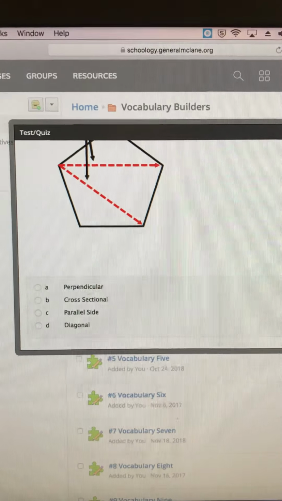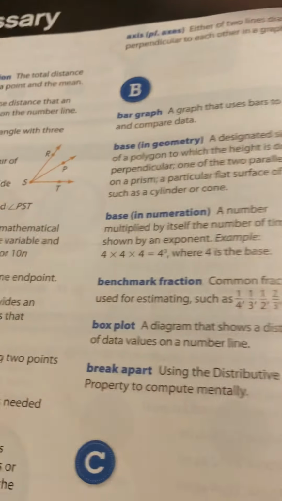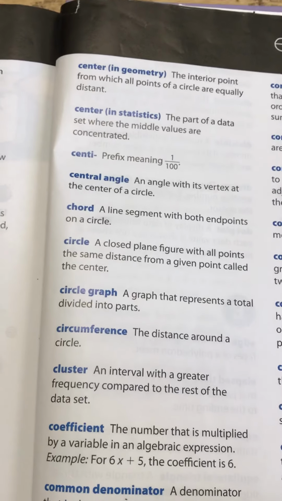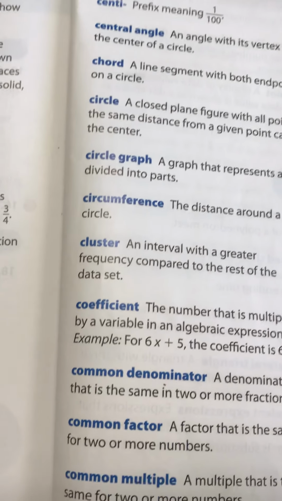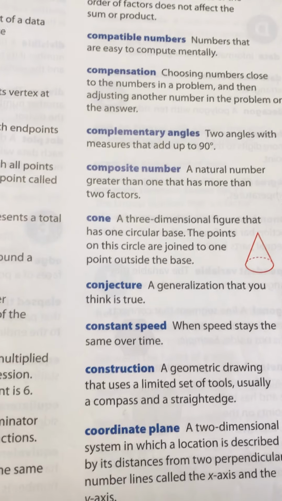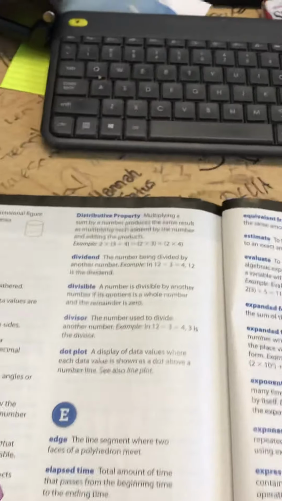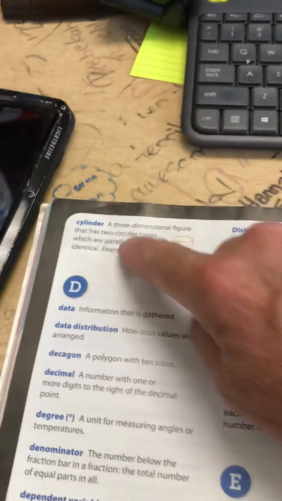Now, cross-sectional, you could look in the book and see if there's anything that says cross-sectional, but that doesn't even sound familiar to most kids. So we look in here at the C's: composite, conjecture, coordinate, cubic unit. Looks like we have exhausted the C's and there's nothing in the book for cross-sectional.